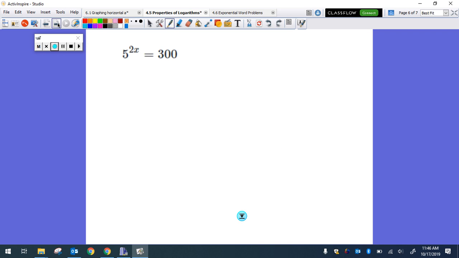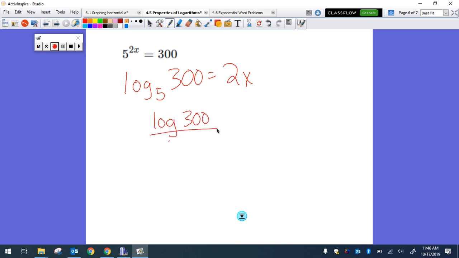Okay. Let's do another one. There's no way I can get a common base. 5 to nothing will give me 300. So let's turn it back to a log. So log base 5 of 300 equals 2x. I can do change of base right here. So I can do log of 300 divided by log of 5 equals 2x.